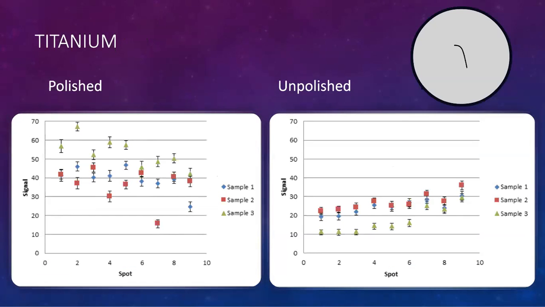We also looked at the difference when we moved away from the crack. We had just tested by the crack for the damage, but because the damage is localized at that crack, we decided to take spots moving about 1 millimeter away, 2 millimeters away from the crack. That's what's being shown here. At 0, we're right by the crack. As we move over to 10, we're furthest away from the crack.